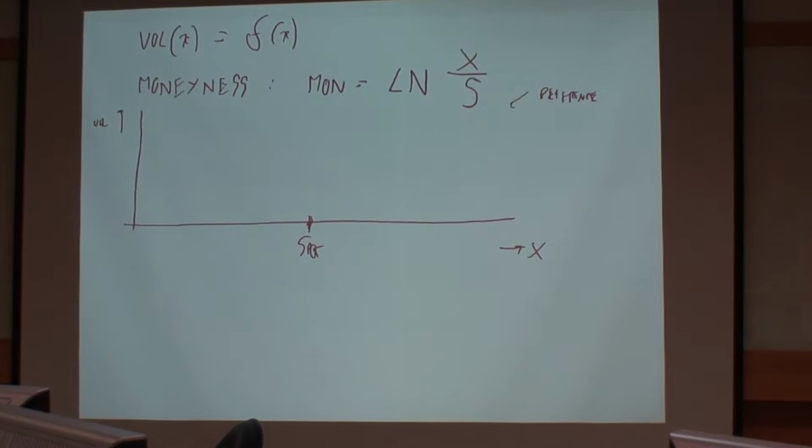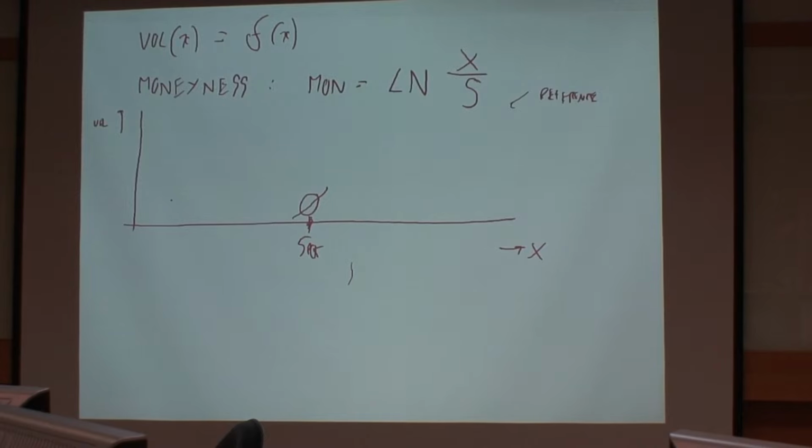One point is interesting. If I have a strike price exactly equal to the spot, then I take the log normal of strike divided by spot. If strike equals the spot, it is the log normal of 1, which is 0. So a log of 1 is 0, so I know that at the money gives me a 0. What happens on the left of my chart?